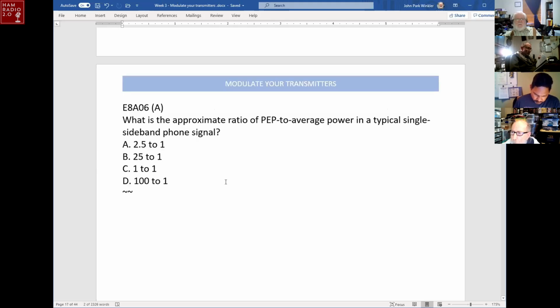What is the approximate ratio of PEP to average power of a typical single sideband signal? They say it's 2.5 to 1, and I'm not sure who did that analysis. But this is one that I think most of us would have to just memorize.